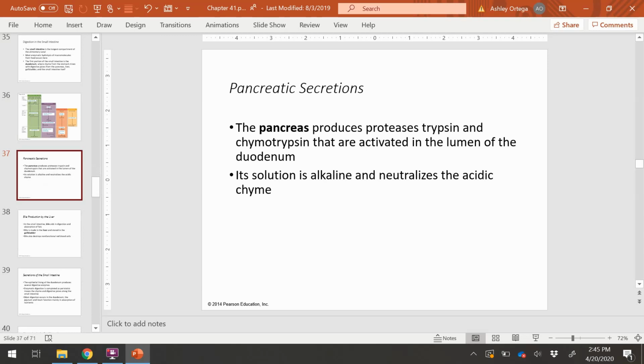Including in those secretions, there are protein digesting enzymes or proteases, trypsin and chymotrypsin. These are activated in the lumen or the cavity of the duodenum. From there, they will start breaking apart those polypeptides into smaller peptides. This solution will be alkaline or basic and will neutralize that acidic chyme from the stomach.